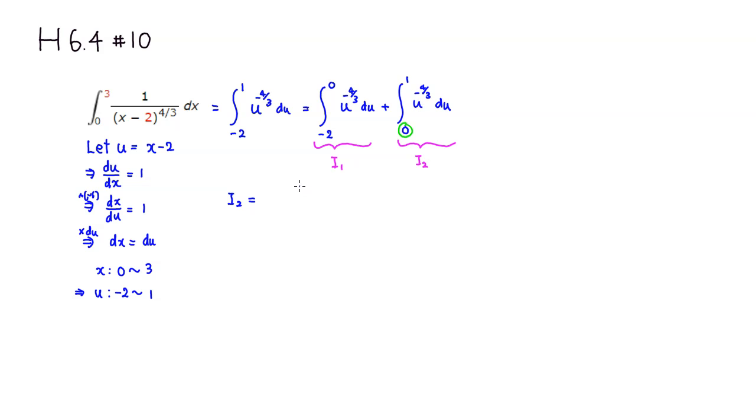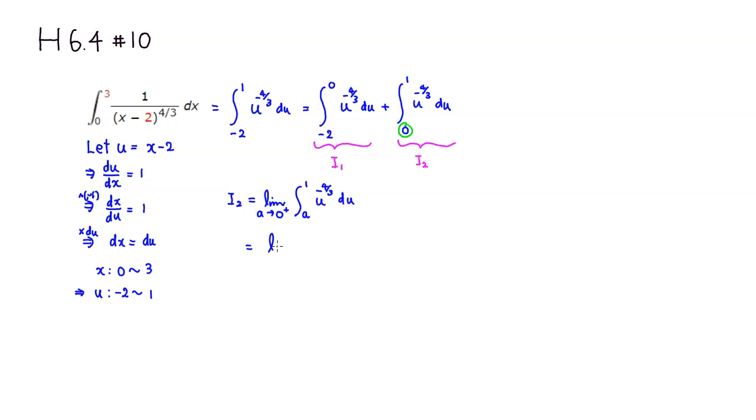So I'm going to replace the lower limit by, say, a, and go to 1. Then we take the limit as a approaches 0 from the positive side. Then we still have u to the negative 4/3 du.